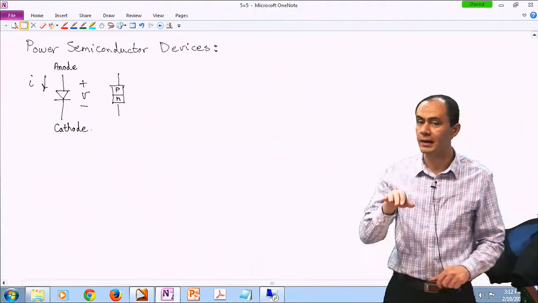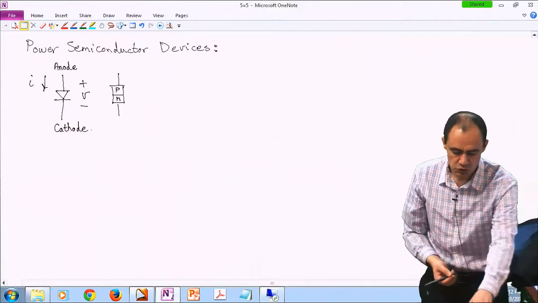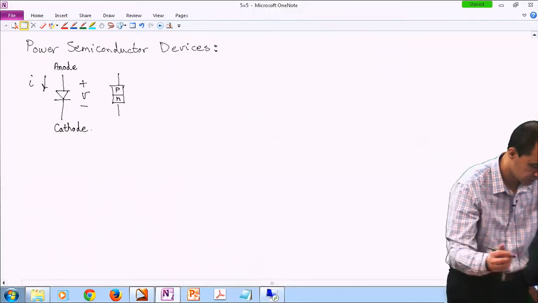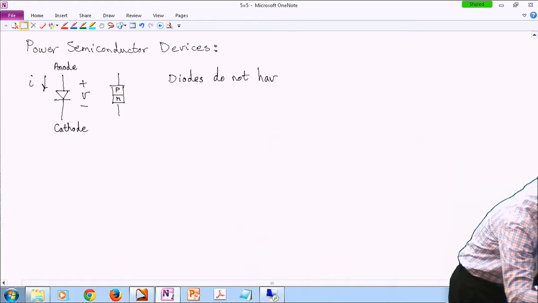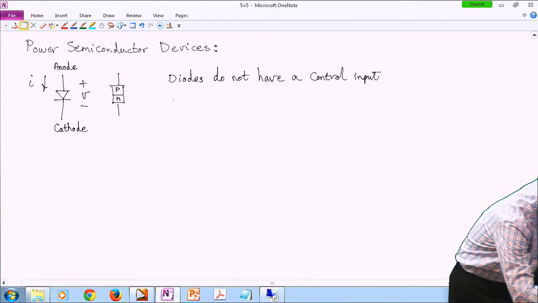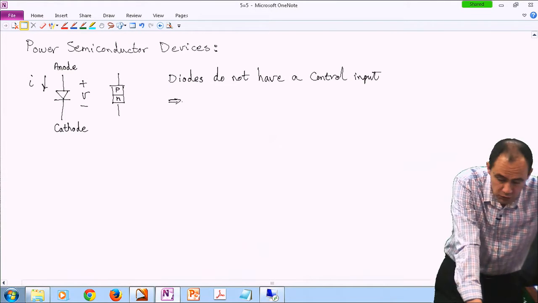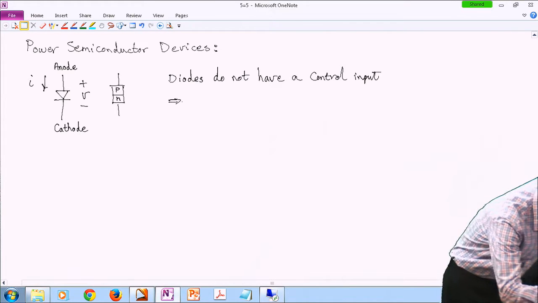We cannot command a diode to turn on and off. It makes its own decisions. So they don't have a control input. They are still a switch, because sometimes they are on, sometimes they are off, but they are called passive switches.